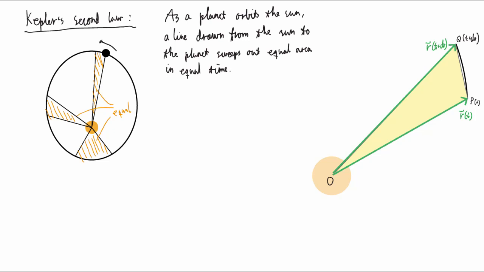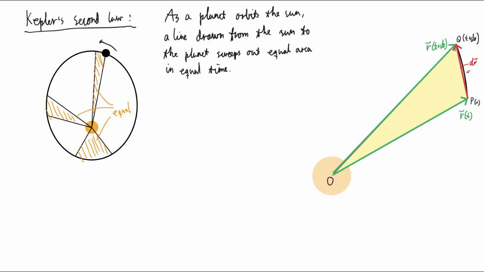This arc segment here that's being traced out by the planet is almost the same as the difference vector from r at t to r at t plus dt, and we're going to call that dr. Now, dr represents the distance traveled during time dt.